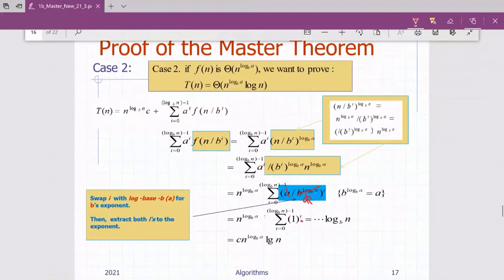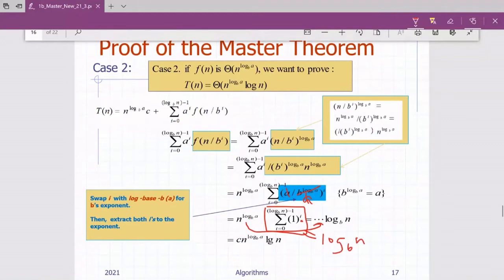The summation from 0 to log_b n. So we can say this one is exactly log_b n. So move n^(log_b a) to this part.